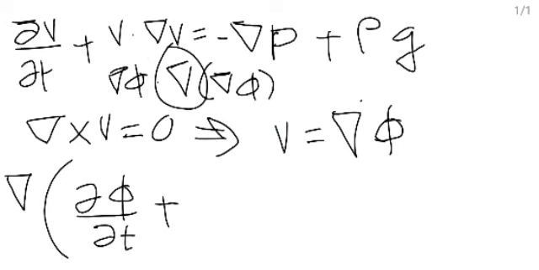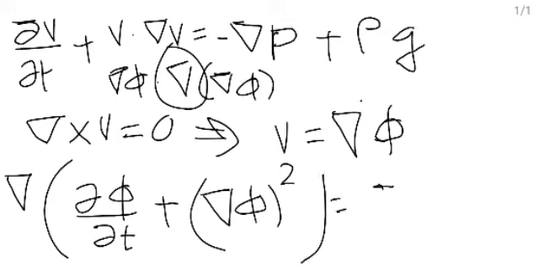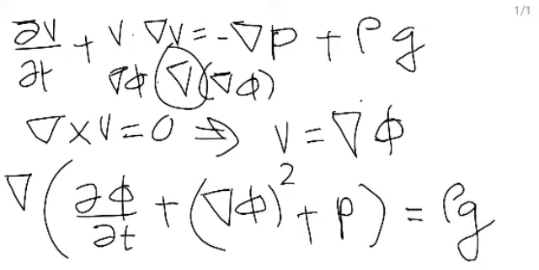So if this del is taken as common, we have that as del phi whole square, and this is equal to minus of. So I'm taking all this to this side. That will be plus del P. So plus P.